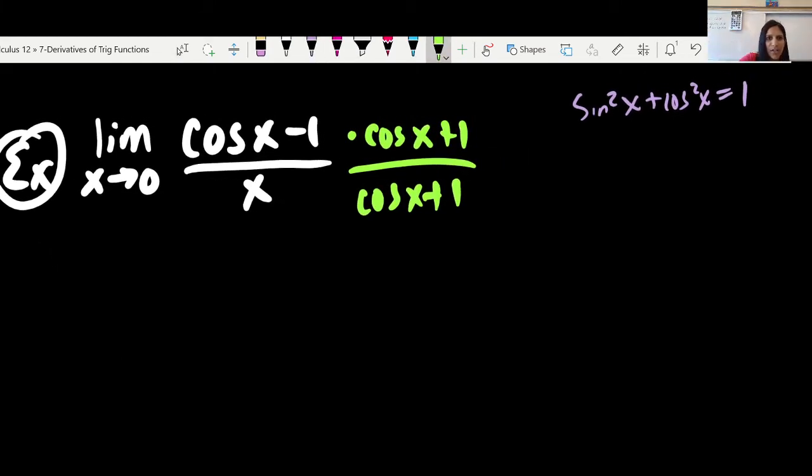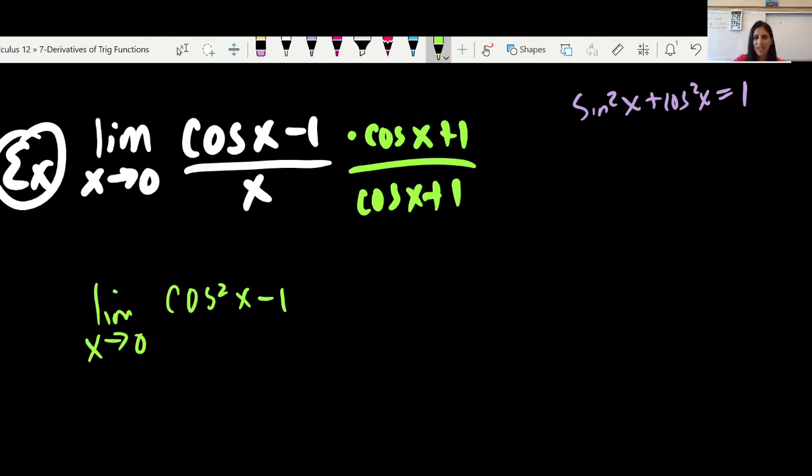So when you do this at the top, the limit as x approaches 0 of, do you see that when we multiply it out, we're actually going to end up getting cos squared x minus 1 when we FOIL it out and distribute everything.